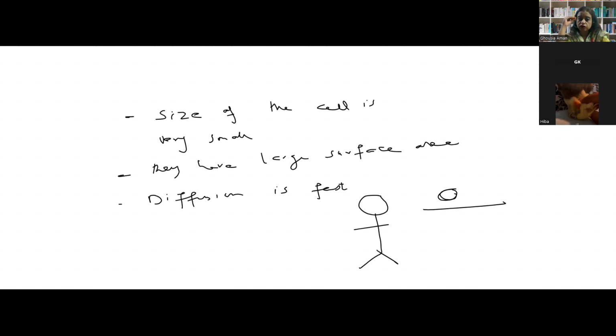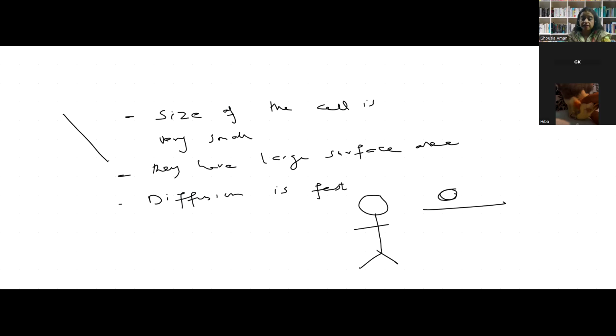So the diffusion, first of all, is not possible. But even if we think we can do that, the diffusion process will become so slow that it will take a very long time for oxygen or nutrients from the surroundings to get across our skin and inside the cell. So we will not be able to survive.